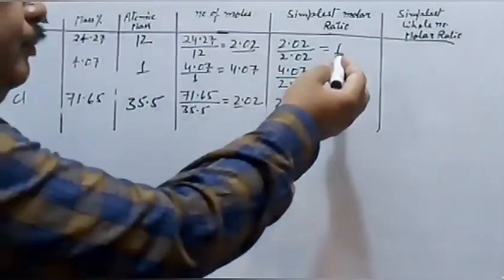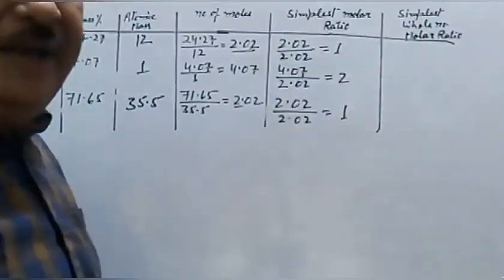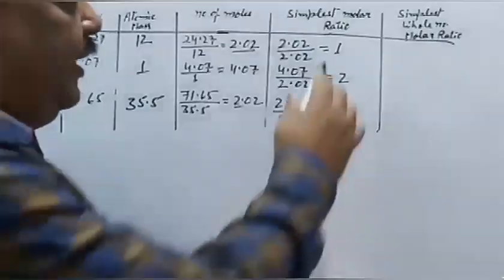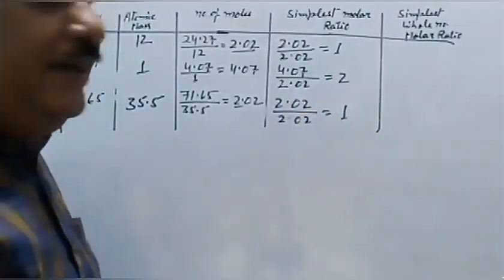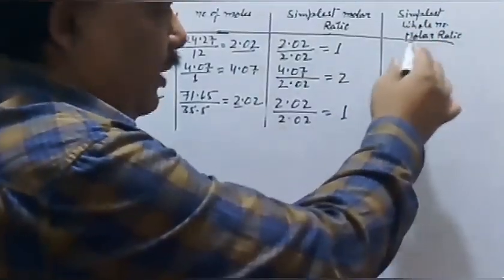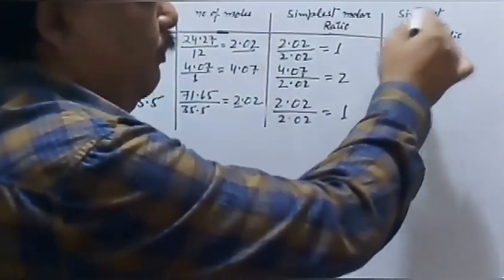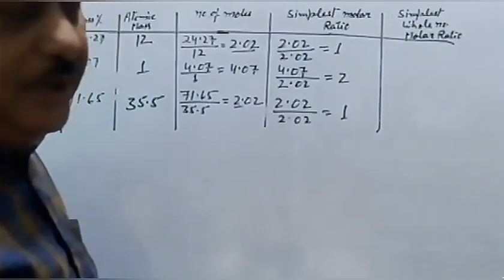If the simplest molar ratio is a fraction, suppose 1.5 or 2.5, then we multiply by a suitable integer to get the simplest whole number molar ratio.